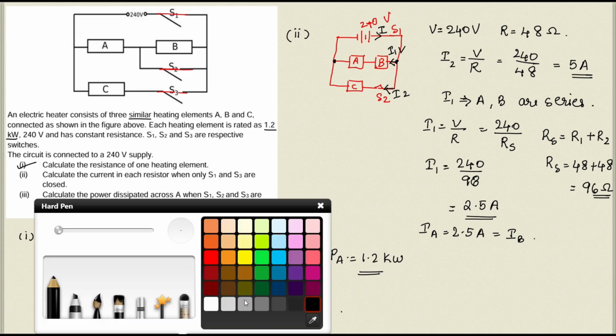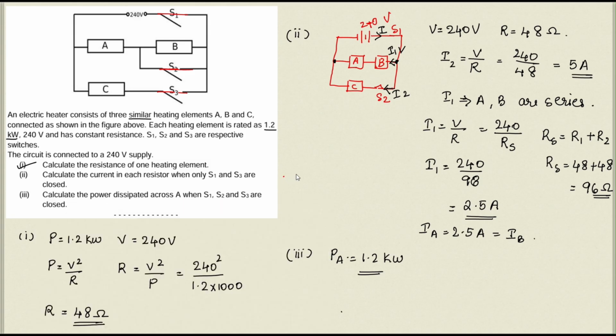How can we calculate it? Just check the diagram. If this is the input voltage, the current I is passing through this particular connection, and the same current passes through this branch as well as this branch.